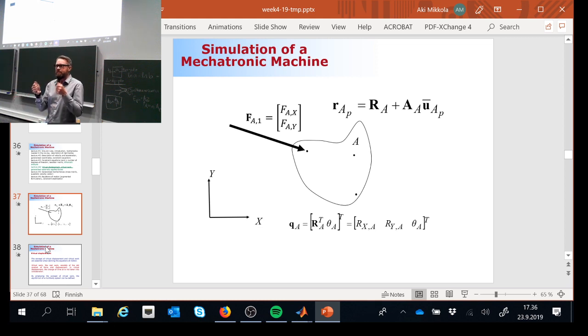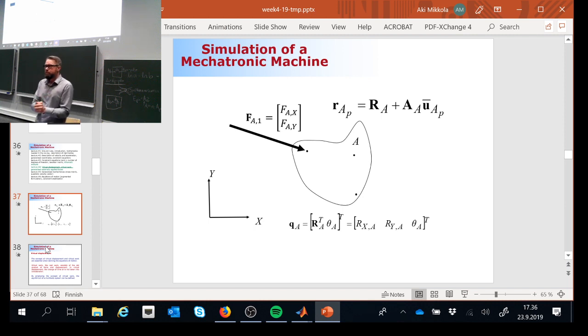This is very important to understand. We have to express everything in terms of the variables that express the system. In multi-body system dynamics, what are these variables called? Generalized coordinates.